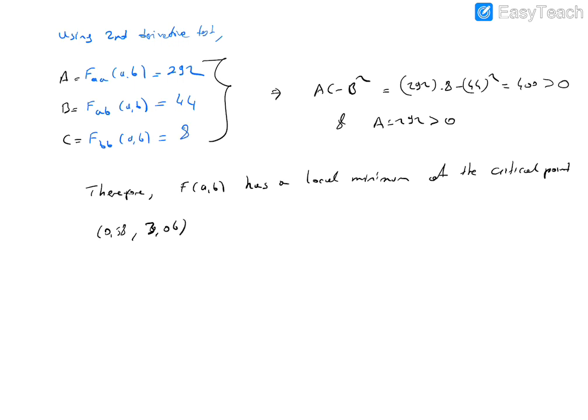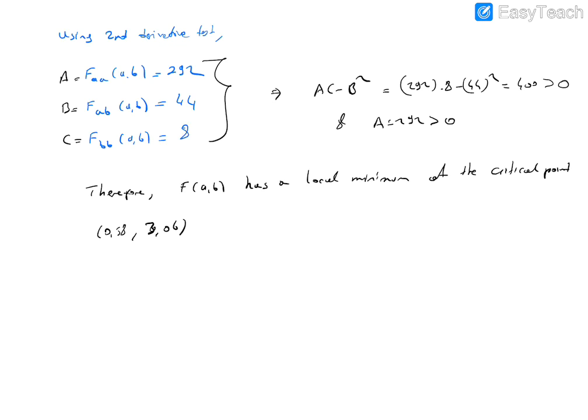Actually, the second partial derivative may depend on A and B, so by calculating the function value f of AB at this point, you can decide. But since our function, capital F, is a quadratic function, these will always be constant, okay? So it is easy to verify whether this is a local minimum or local maximum.